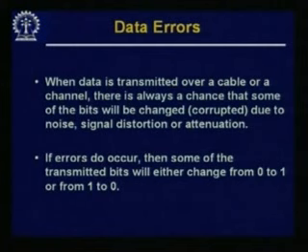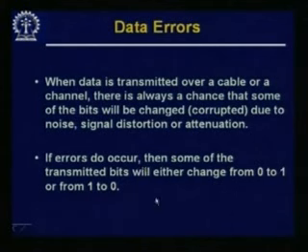The whole trick is to find out whether any such change has occurred, and if it has, where it has occurred, and how to handle it. Sometimes there may be a lot of noise and a lot of data may get corrupted in this fashion. We will see what we can do about this.